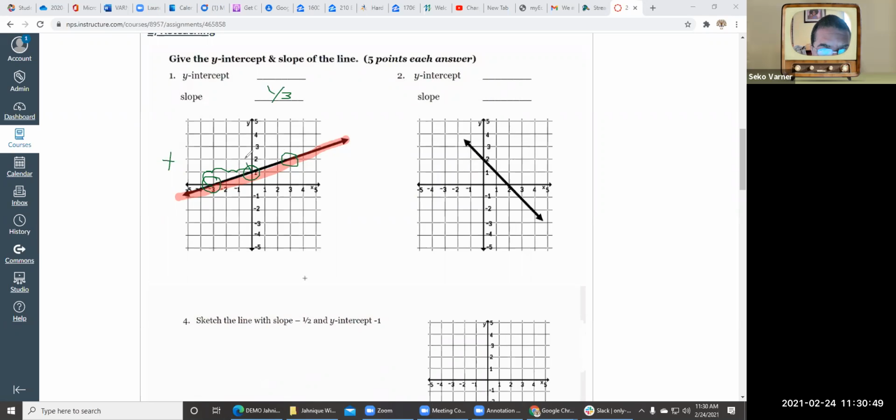Same thing here. We went up one, we went over three. So whenever you look at the slope, at the top of the fraction, it's either going to be up or down, and then to the right. That's what your slope is.